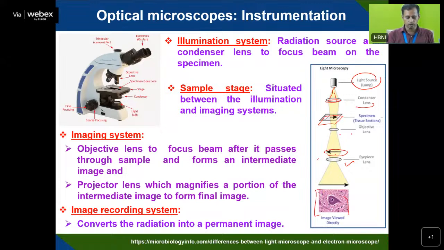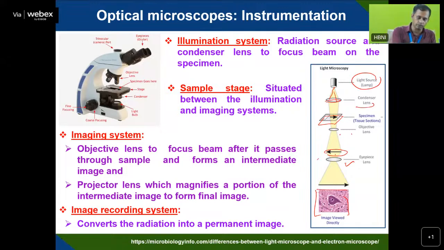Then there is the image recording system that converts the radiation into a permanent image. So there are mainly four stages: the illumination stage, the sampling stage, the imaging stage, and finally the image recording system. You mainly use a condenser, an objective lens, as well as a projector lens in an optical microscope.